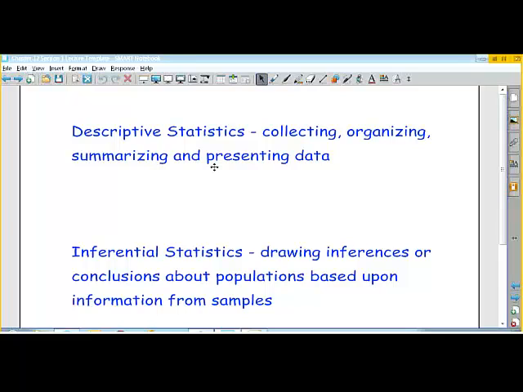So in any scientific study, say it's looking at genetics, medicine, disease, education versus income, all those kinds of things, you're trying to draw some kind of conclusion. And there are two things that you do. First, is my sample big enough, and is my selection random enough so that the sample is good?